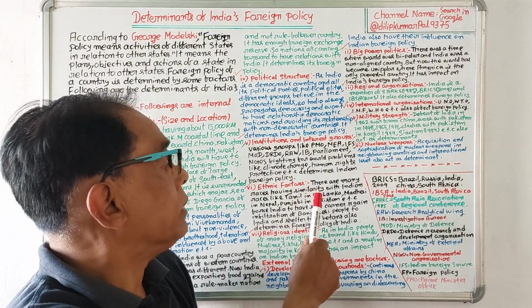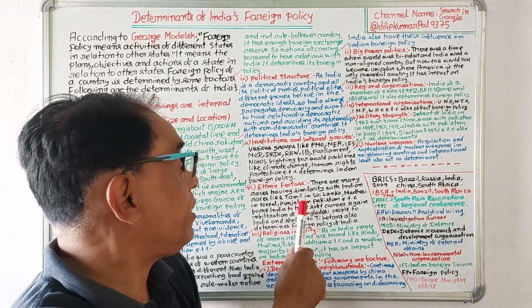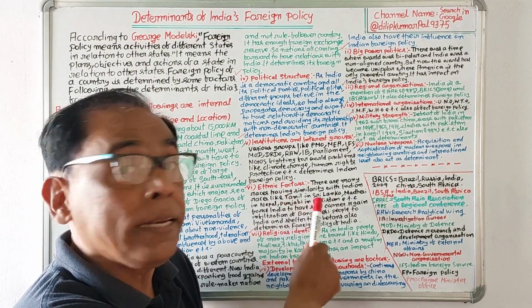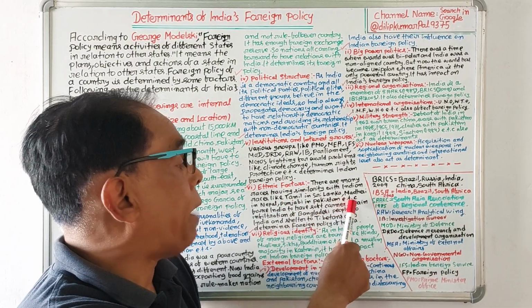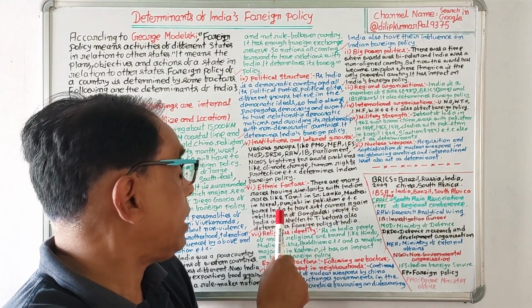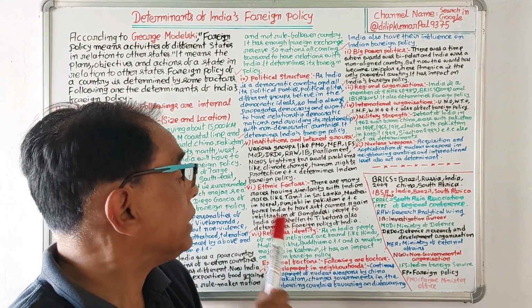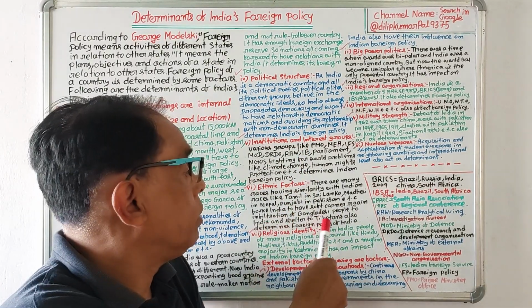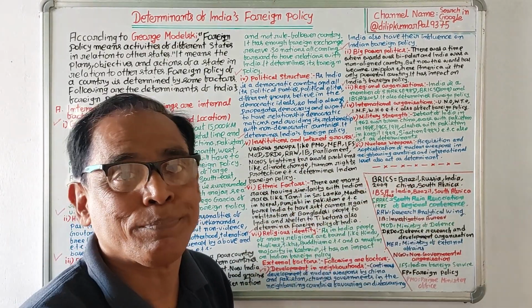How? There are many races having similarity with Indian races, like Tamil in Sri Lanka, Madhesi in Nepal, Punjabi in Pakistan, etc. They also force India to have a soft corner about them.